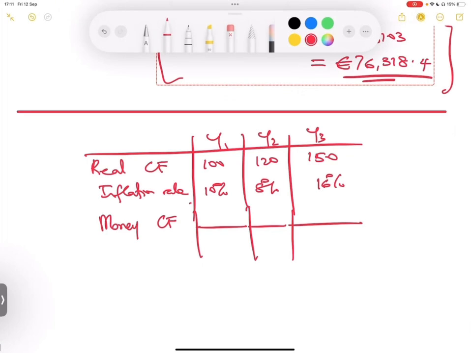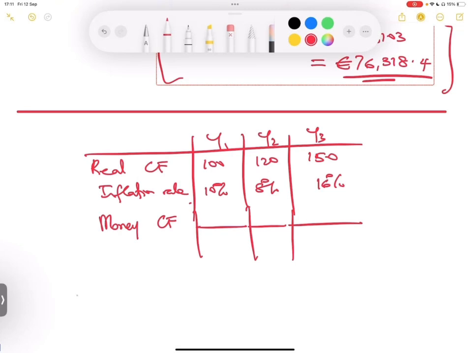What's the difference between money cash flow and real cash flow? Real cash flow does not include inflation. It's money cash flow that includes the inflation. So real cash flow has not incorporated inflation.